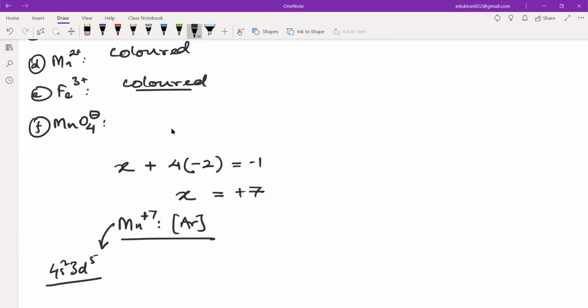Now, here, the thing that happens is we have manganese and we have O4. In MnO4 negative, there is a bond between manganese and oxygen.